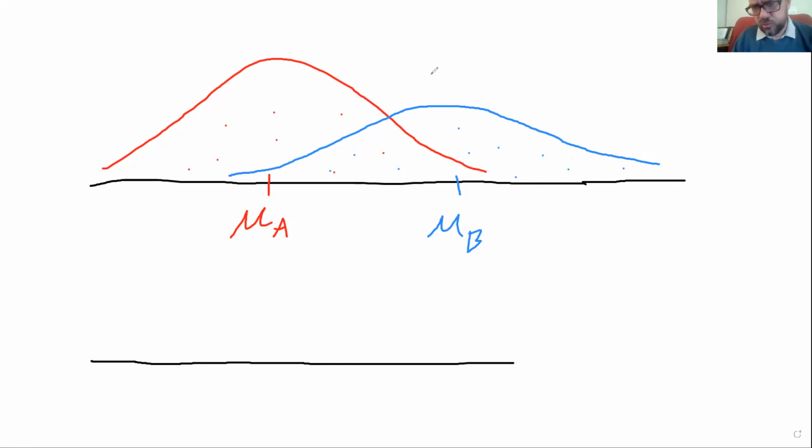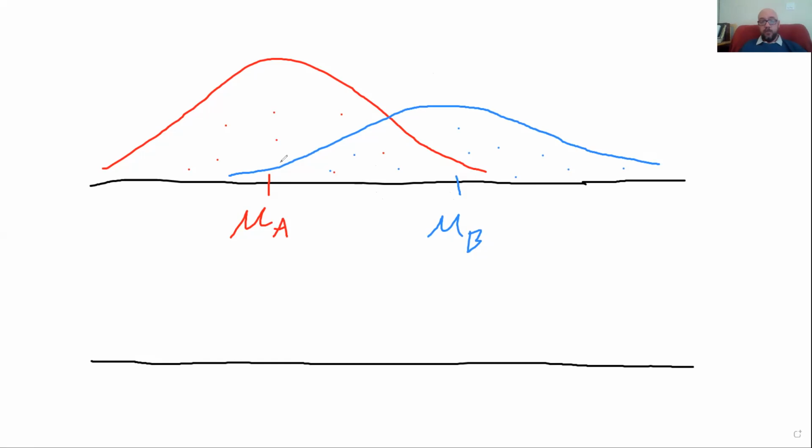Now, I don't want to mislead you into thinking that when you subtract these two, you get something right in the middle. No, not at all. I have no idea where mu A and mu B are. Maybe this is 1,000 and this is 1,010, and then the average difference is going to be 10. It's going to be far, far to the left.